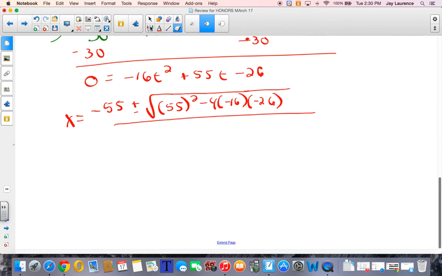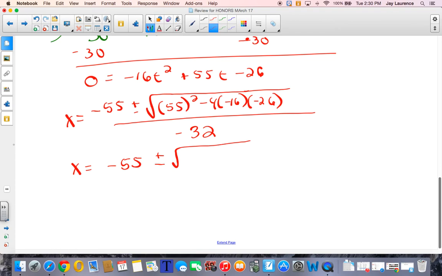All right, negative 32. Okay, so negative 55 plus or minus. I better figure out that discriminant just to make my work a little bit simpler. So I'm going to go 55 squared minus 4 times negative 16 times negative 26, which is going to be 1,361. That's over negative 32.